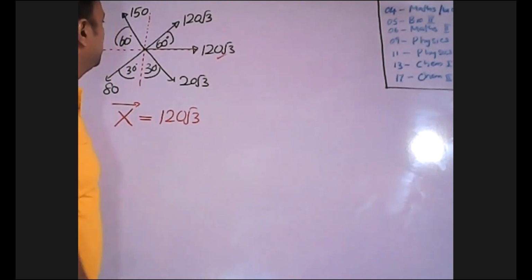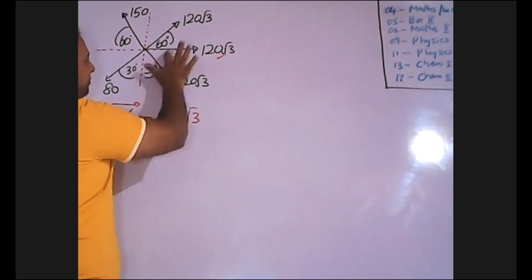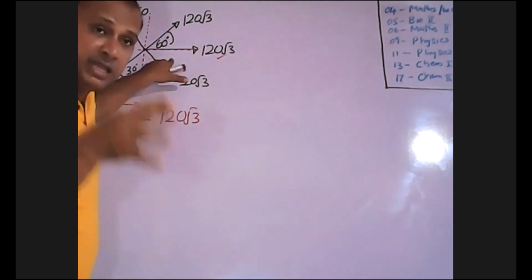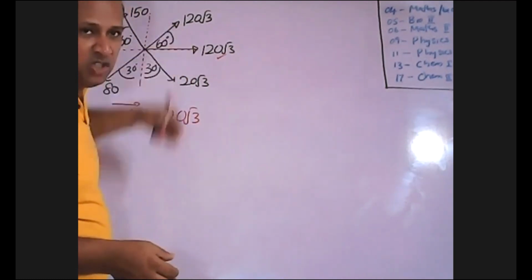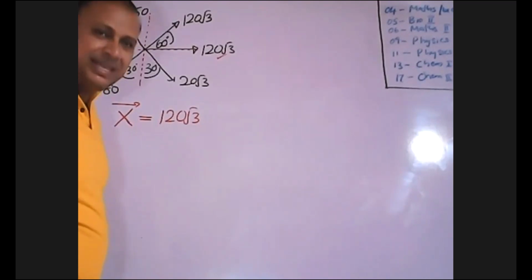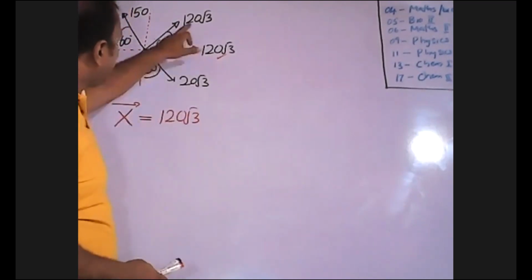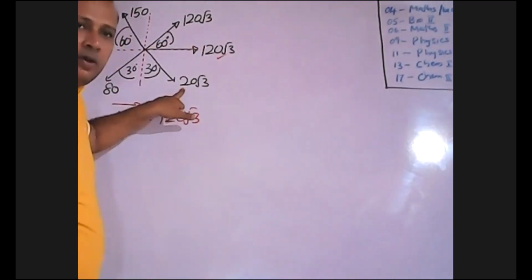Okay. Look at this. This angle and this angle both are 60. Therefore, if I resolve this component into x direction, I will have cos 60, no? Cos 60 is common, so you can add these two values and take the cos value.